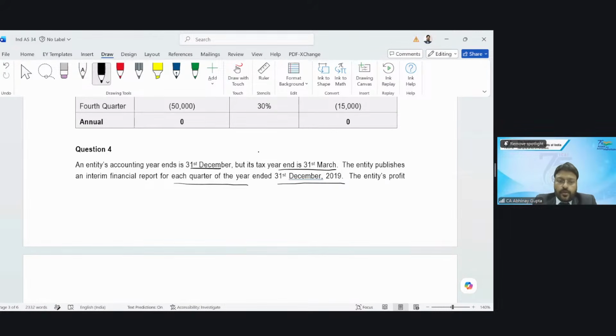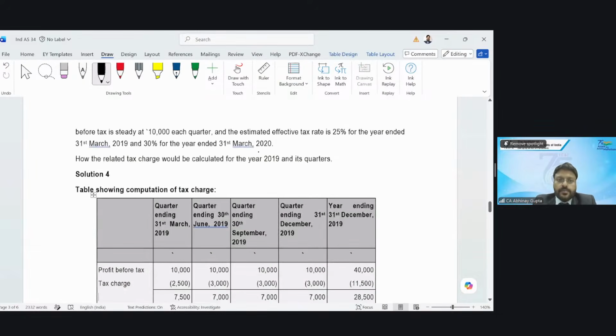The entity's profit before tax is steady at rupees 10,000 each quarter, and the estimated effective tax rate is 25% for the year ended March 19 and 30% for the year ended March 20. How would the related tax charge be calculated for the year 2019 and the quarters?